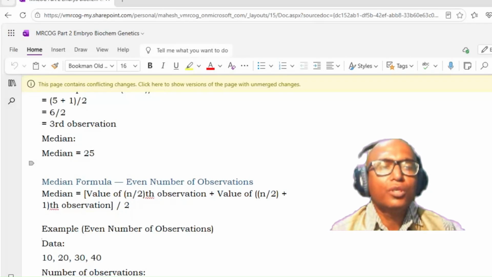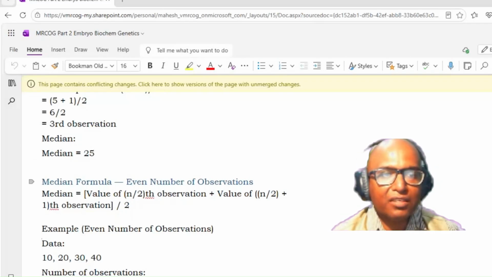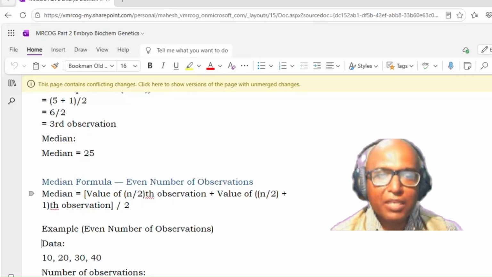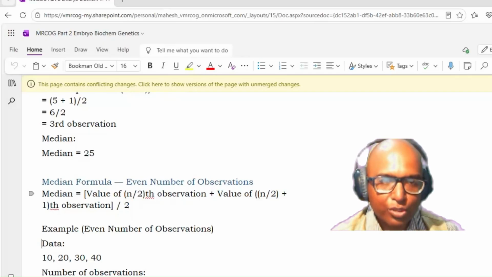So the formula for the median for an even number of observations is the value of the n by 2th observation plus the value of the (n by 2 plus 1)th observation, divided by 2. So you have to take the average of the middle two values.